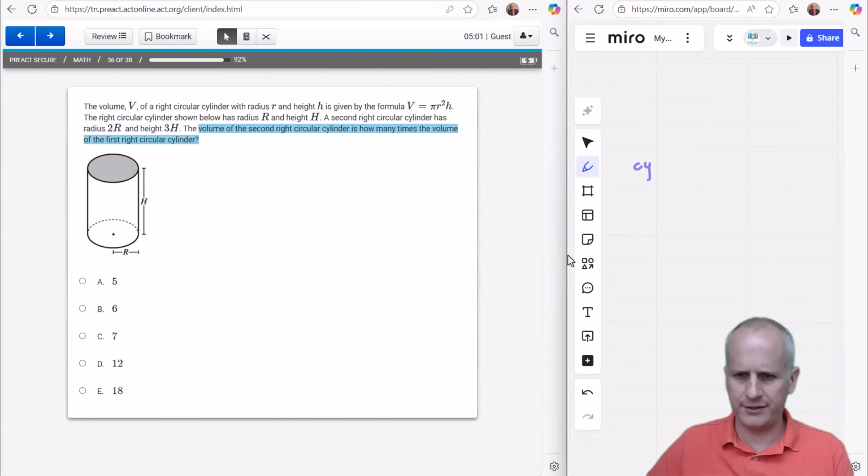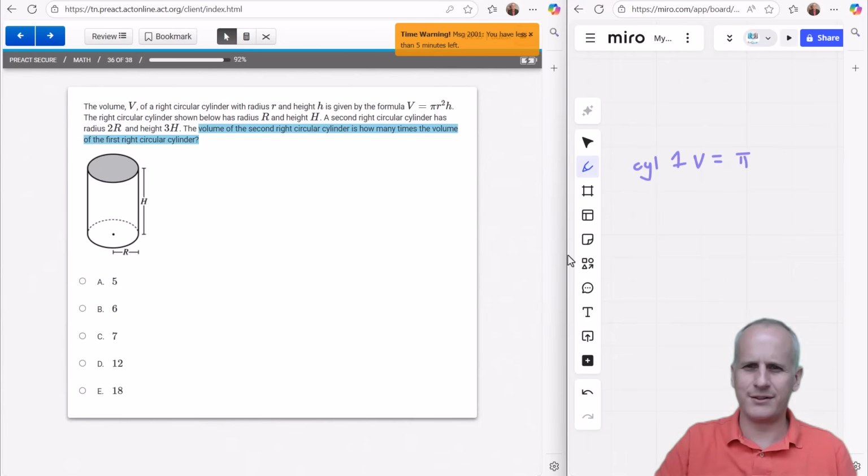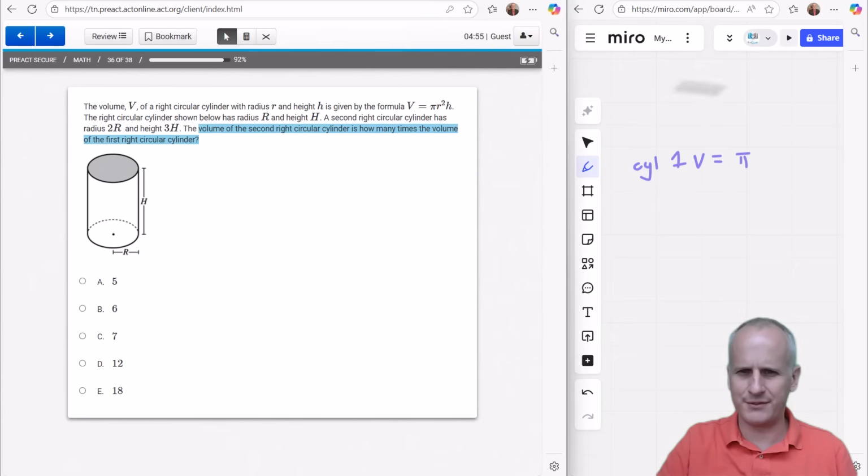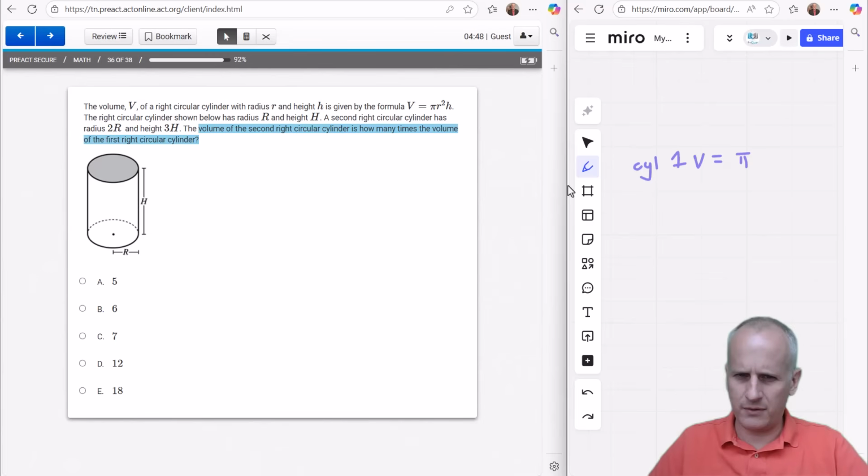So we know that cylinder 1 volume is equal to pi r squared h. And you can see there's a little warning sign telling me we got 5 minutes for these last 3 questions. So cylinder 2 volume is going to be the new radius and the new height.